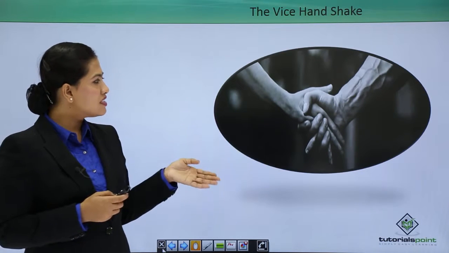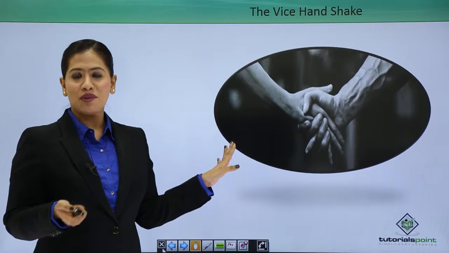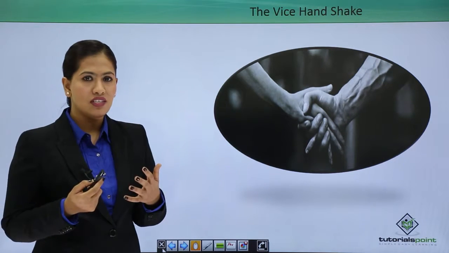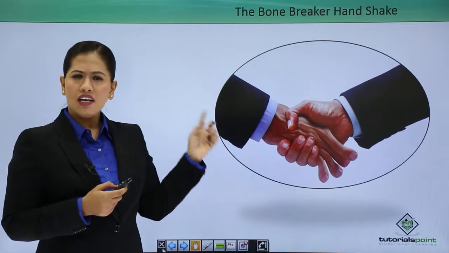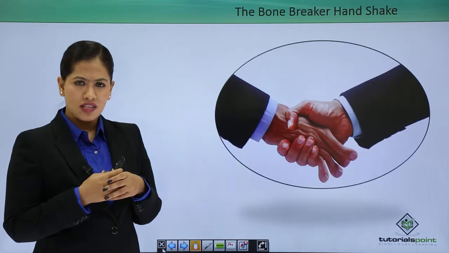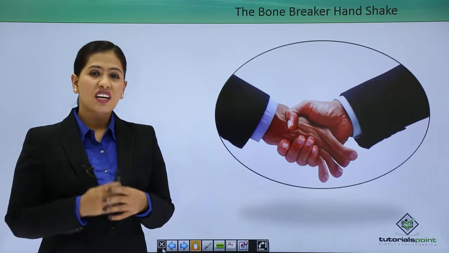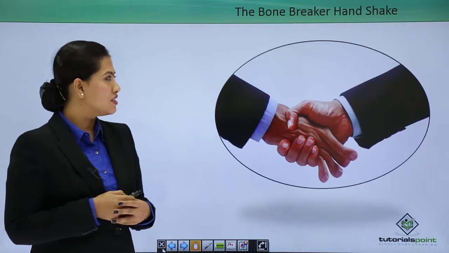Moving further, the vise handshake. Well, the picture clearly depicts it, I don't have to really talk in depth about why it is not really on the suggestive list. And moving further, the bone breaker handshake, on similar lines to the vise handshake. Now, this handshake again is one where I crunch somebody's bones, and it is not in line with professionalism.